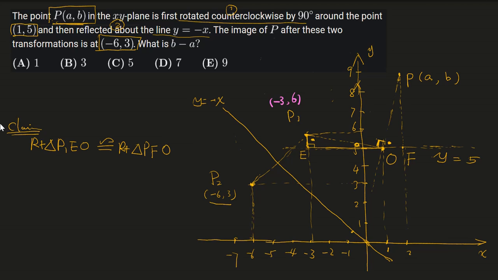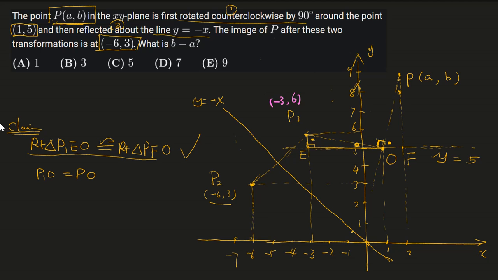And this angle with a circle, which is P1OE, shall equal this angle, FPO. And at the same time, we have P1O equals PO. That is how the rotation works, right? And then we know that these two triangles are congruent. So this claim is true.